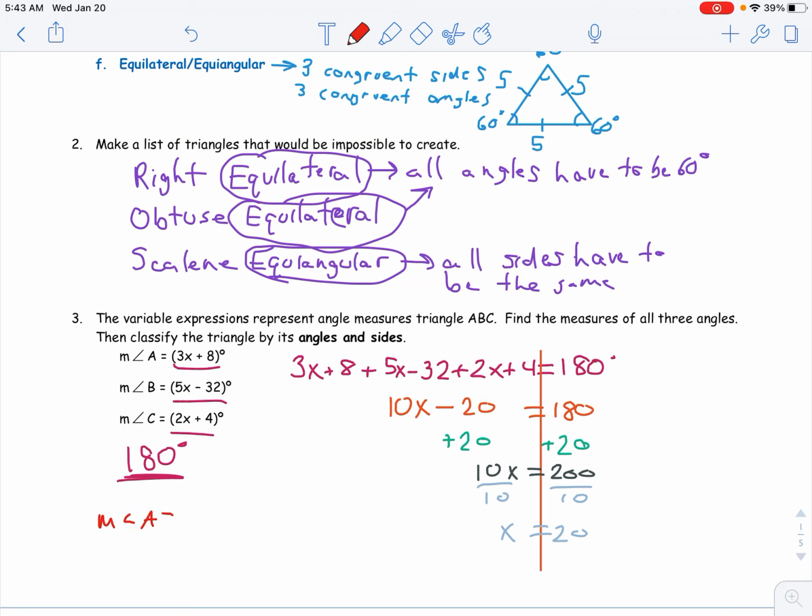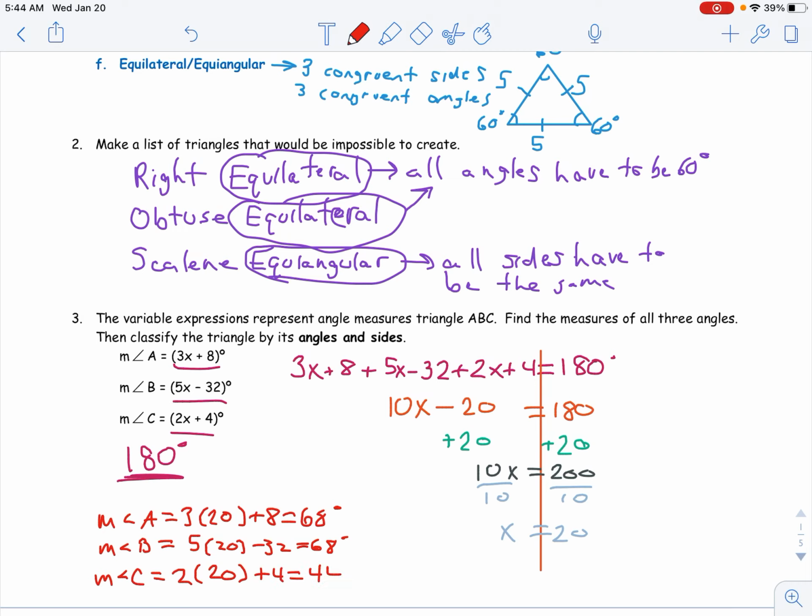So the measure of angle A equals 3 times 20 plus 8, which is 68. Measure of angle B is 5 times 20 minus 32, which I believe is 68. And then the last one is the measure of angle C. It's going to be 2 times 20 plus 4 equals 44 degrees.